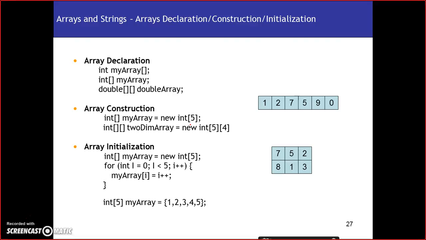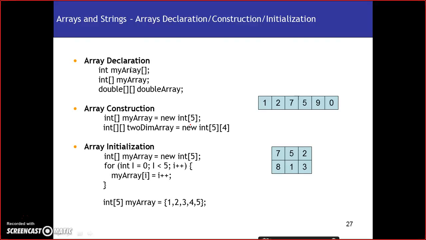Array declaration can be like this: int my array with square brackets. You can also declare it like this, with the brackets after the type. If you see one square bracket, that is called a single dimension array.